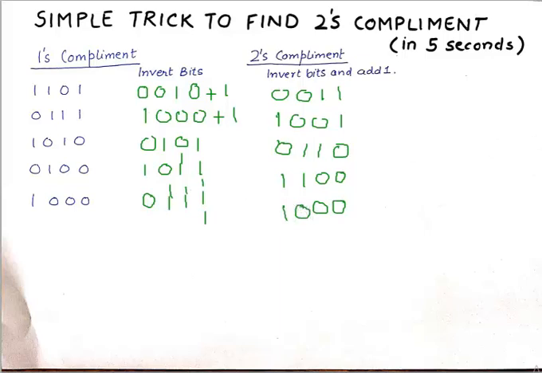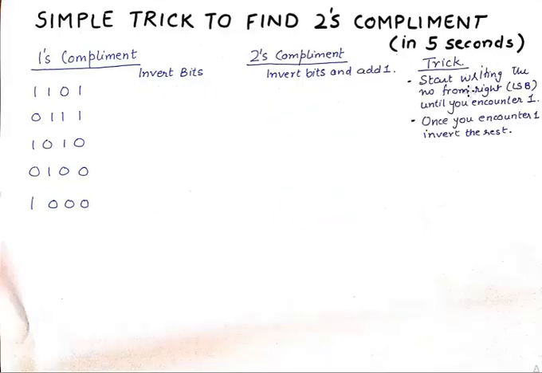So having understood the basic principle and the logic behind finding 1's complement and 2's complement, now I'm going to explain the trick, which is pretty simple. What you need to do is start writing the number from the right, which is the LSB, until you encounter a 1.